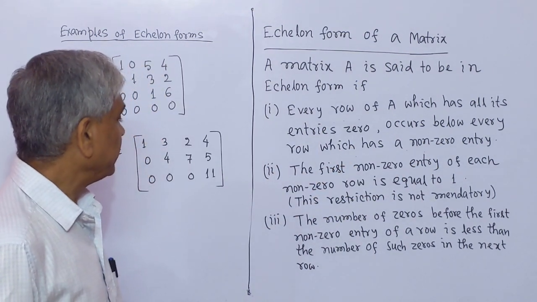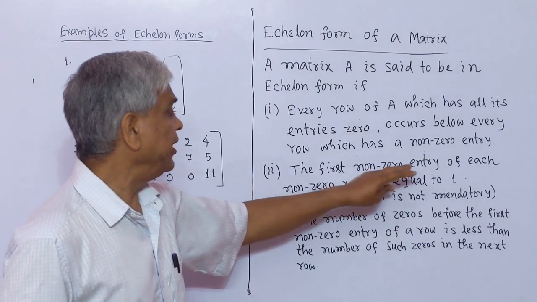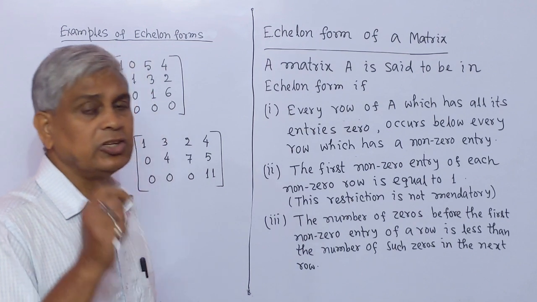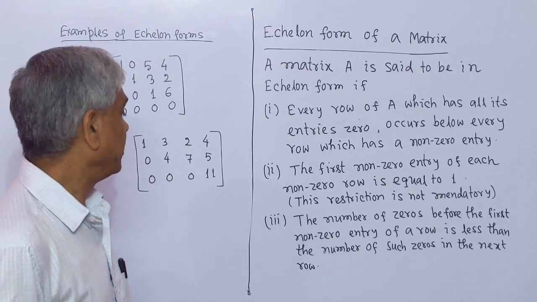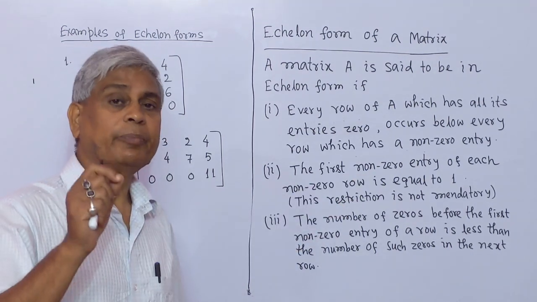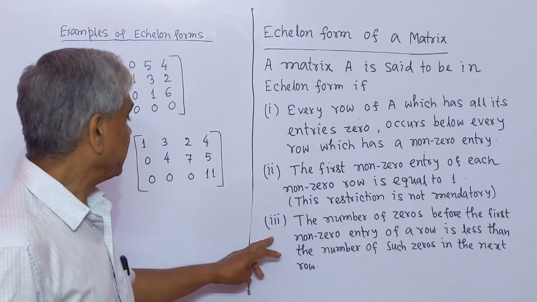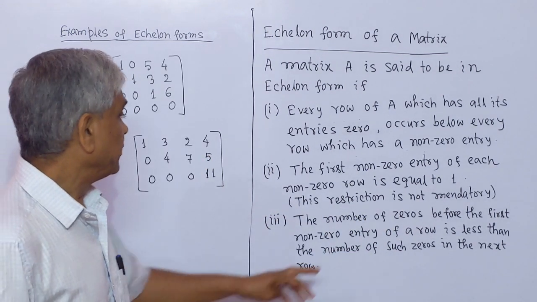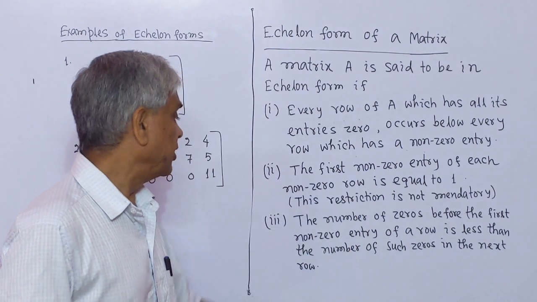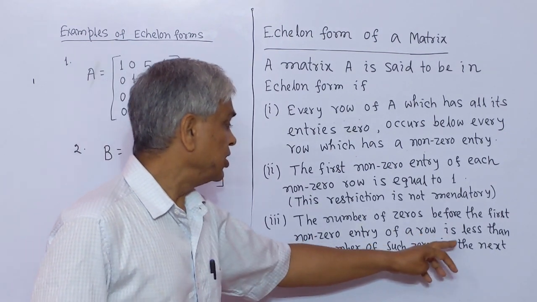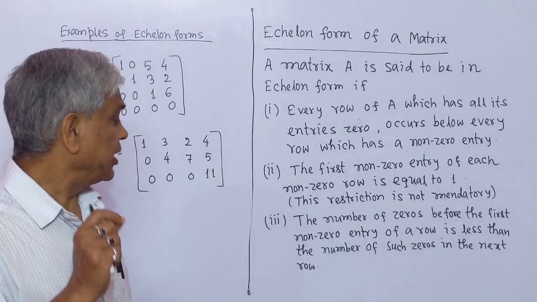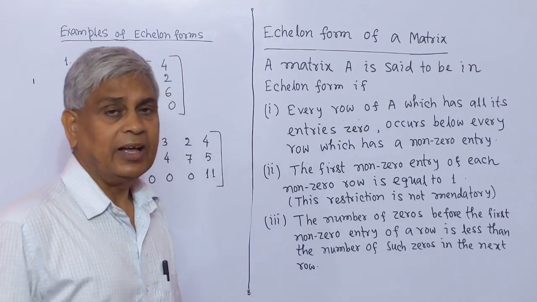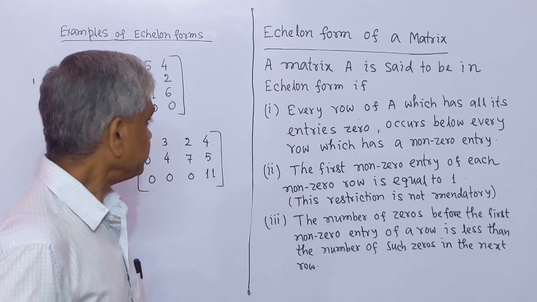Number 2, the first non-zero entry of each non-zero row is equal to 1. This restriction is not mandatory. Number 3, the number of zeros before the first non-zero entry of a row is less than the number of such zeros in the next row.